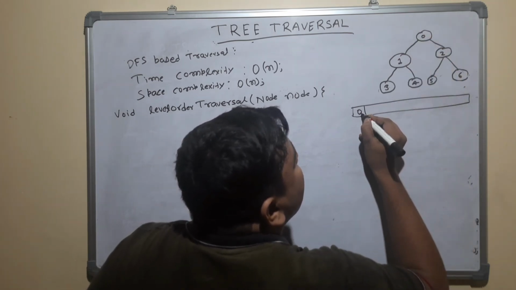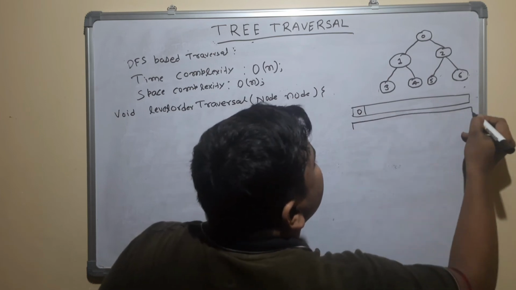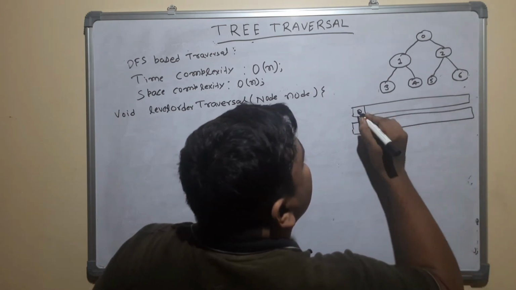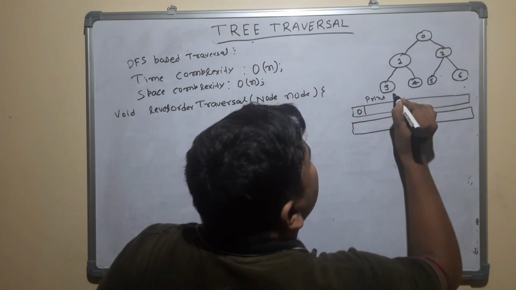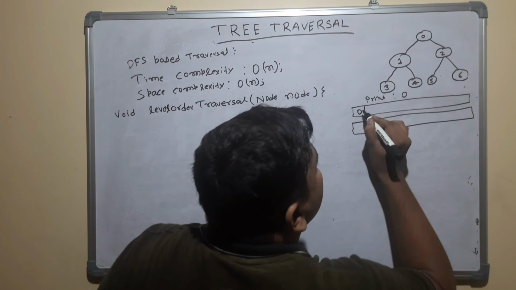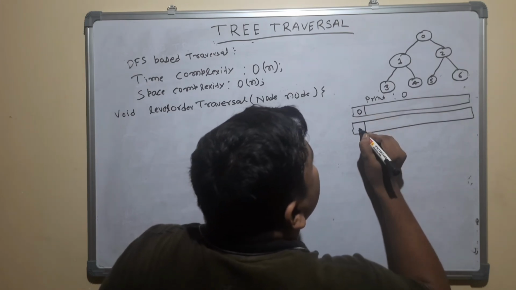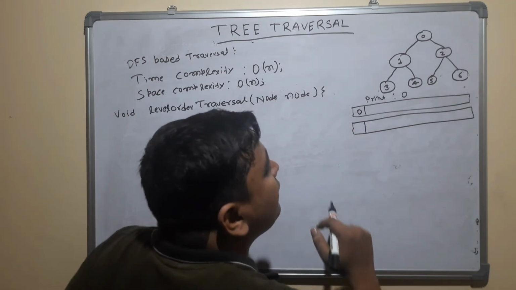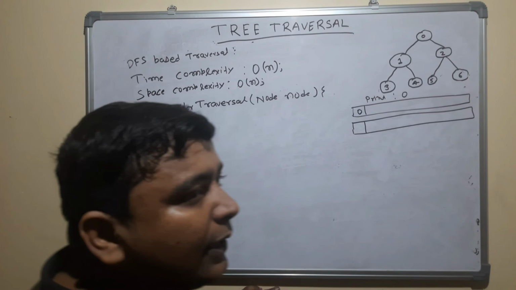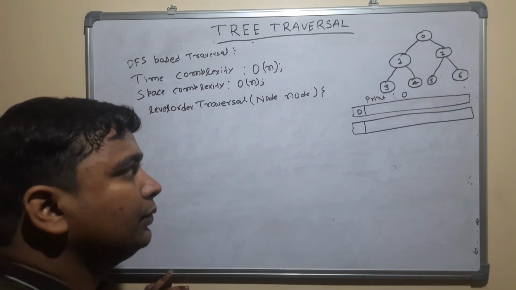When we remove this 0 from that queue, we will print it. Then I have to take this node's left node and right node and push them in this queue.